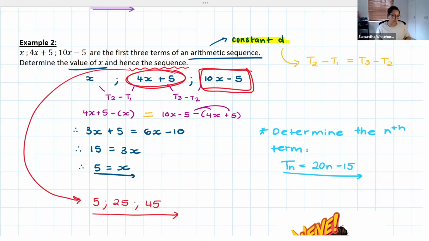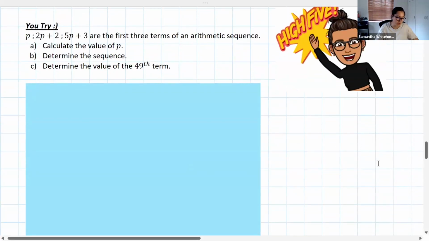Right, so I'm going to wait there in case you need to screenshot this, but you're going to try one by yourselves now. Okay, so this is the one I want you to try.